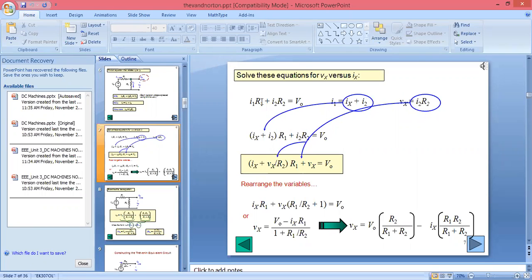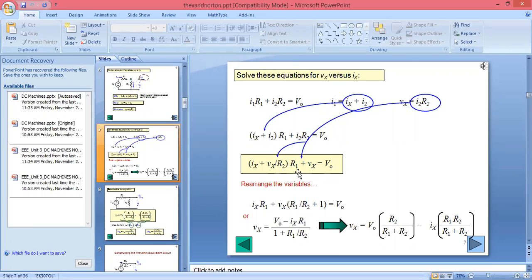I1 R1, I2 R2: I2 R2 you can write as Vx, and Vx is nothing but I2 R2. So I2 will become Vx by R2. Here, in place of I2, I have written Vx by R2.